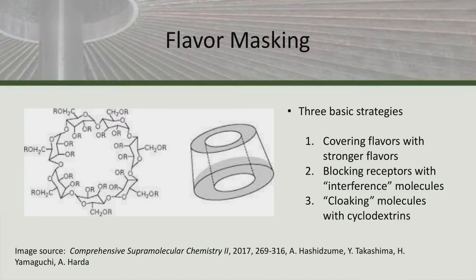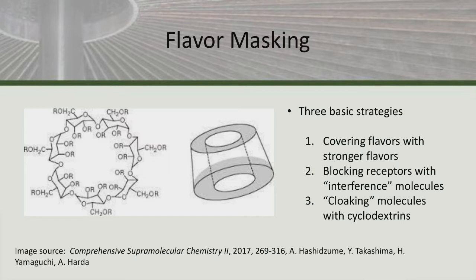There's also flavor masking. Now, if you've got a material that tastes terrible, like a pharmaceutical or something, but you want it to be delivered as an oral powder, there's three basic strategies. You can cover the flavor with a stronger flavor. You can block the taste receptors on the tongue with interference molecules. But what works the best is you can cloak these flavored molecules with cyclodextrins.